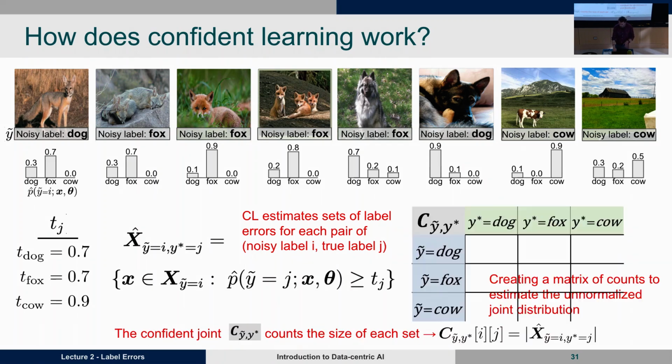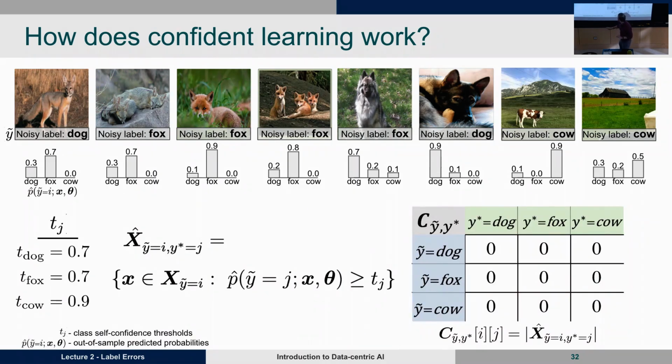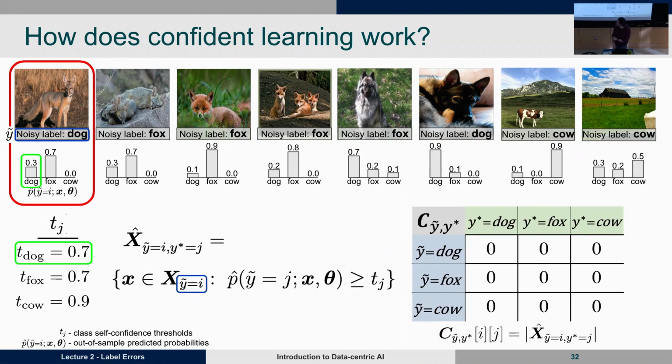We have this matrix we're going to build up. We start out with all zeros, and then the algorithm works like this. Look at the first image, and let's look at the first predicted probability and the label. The noisy label is dog. The threshold for dog is 0.7. We stick those numbers in. Is the probability 0.3 for class dog greater than or equal to 0.7?